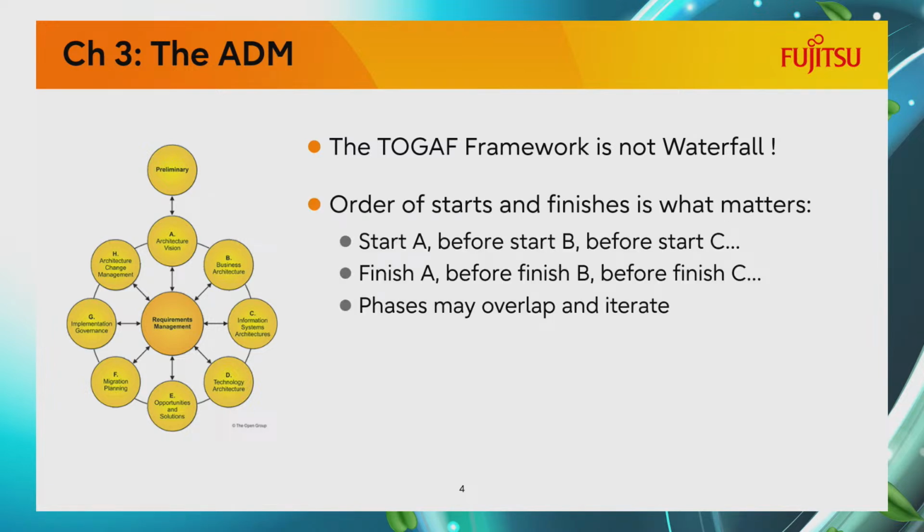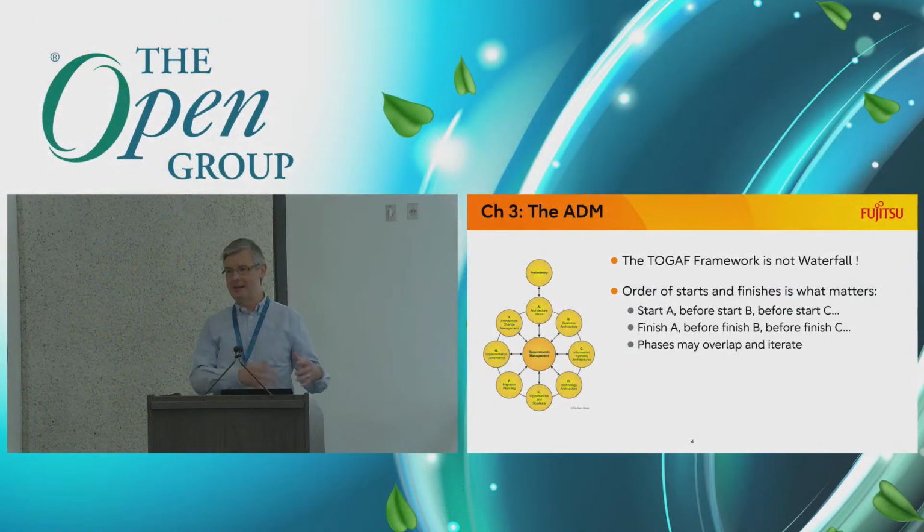Yes, the order of the starts and finishes matter, of course. So you have to start phase A before you can go into B, before you can go into C, and so on. And the order of the finishes matter, in that you finish A before you can say you finish B, and before you finish C. That's just an inevitable logical flow, because how could I possibly be telling you that I've finished my technology architecture when somebody's still working on the business architecture?